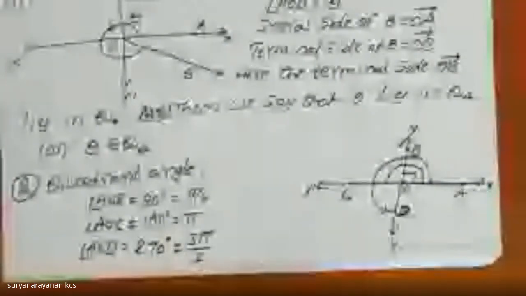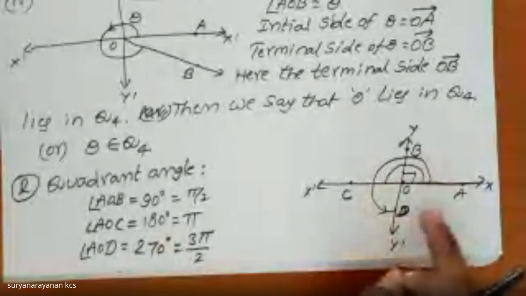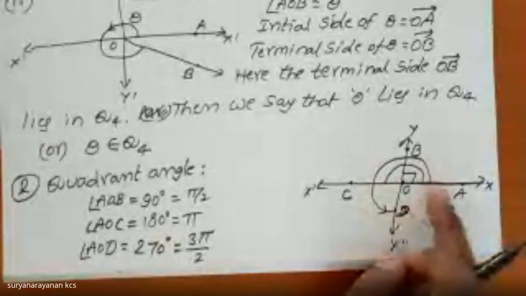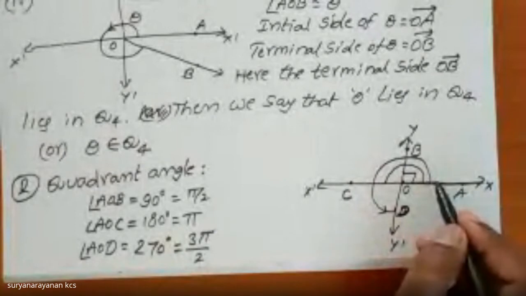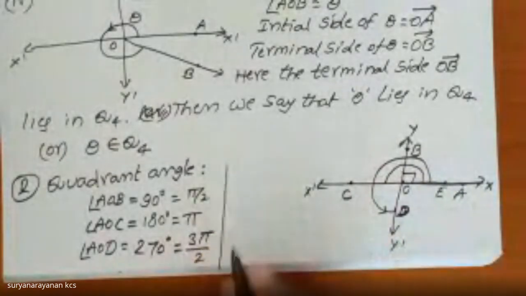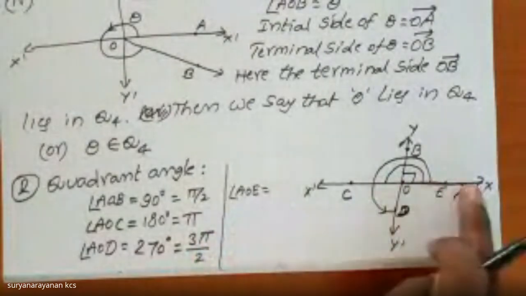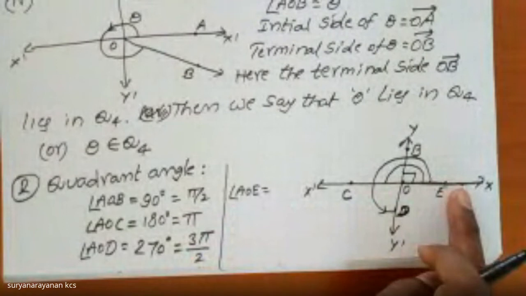Suppose after rotation of some amount of angle, the terminal side coincides with the initial side of the angle, like this. Angle AOE. The initial side and terminal side coincided after rotation.